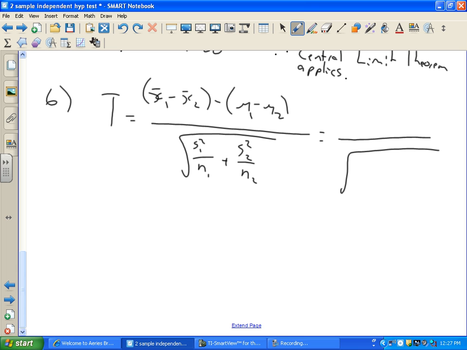Correct substitutions, we've got 85 minus 83 minus, we've hypothesized it to be 0 in this case, and I'll show you something about that in a second. And then standard deviations here, that should be 3 squared over 75 plus 2 squared over 60. Okay? Do we agree this is kind of more of the same?